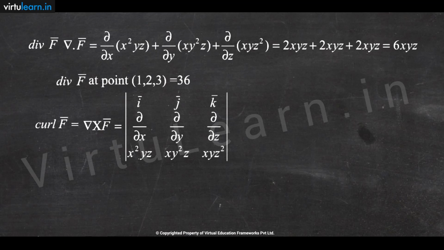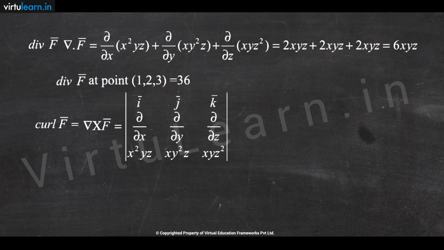So i bar into dou by dou y of xyz square minus dou by dou z of xy square z, minus j bar into dou by dou x of xyz square minus dou by dou z of x square yz, plus k bar into dou by dou x of xy square z minus dou by dou y of x square yz.